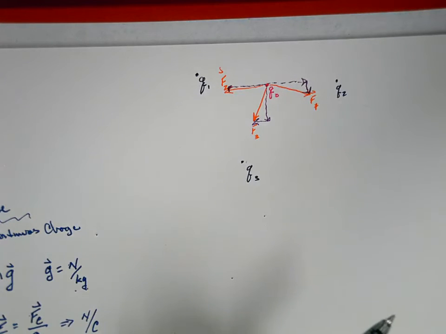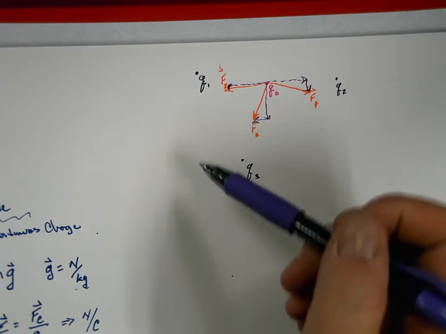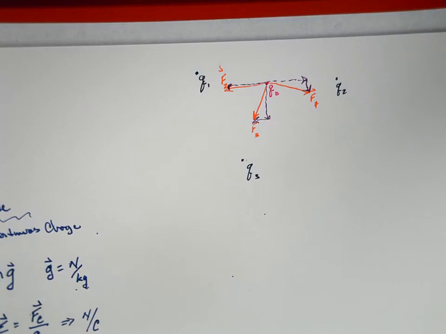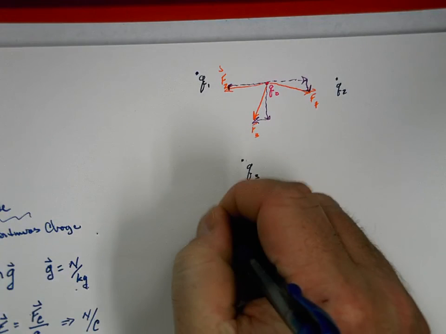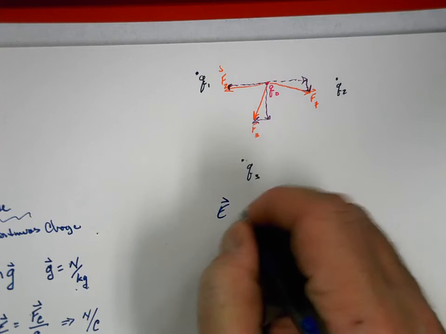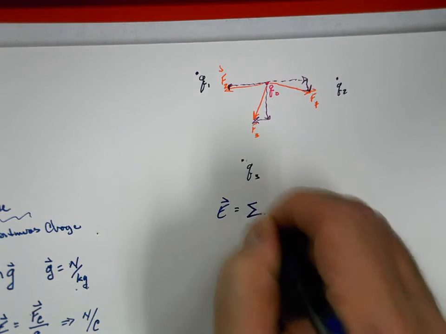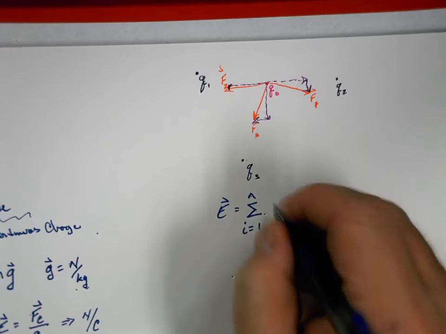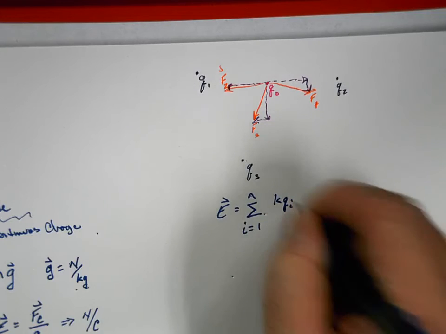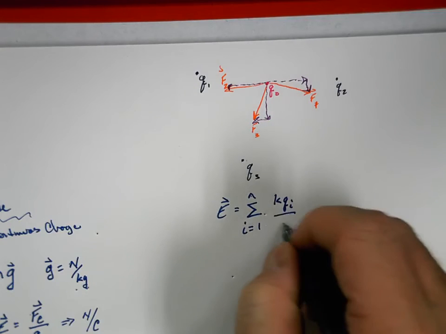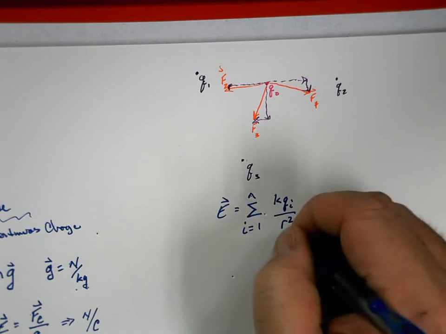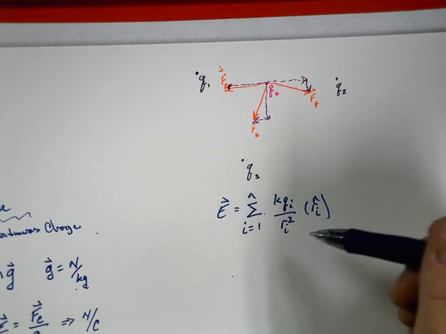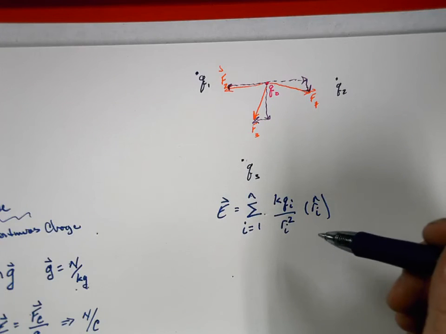Well, you guys probably see what's coming: if we just add them all together, we're going to get an electric field that equals, if we're adding them all up, the sum from i equals 1 to n of all of our charges over r_i squared times r_i hat.